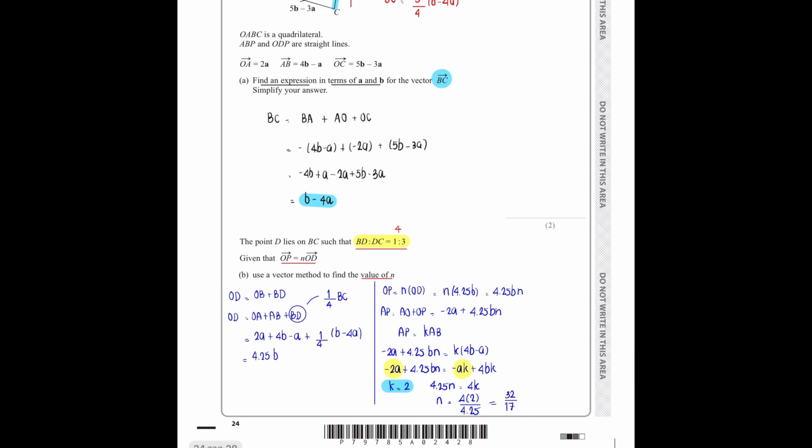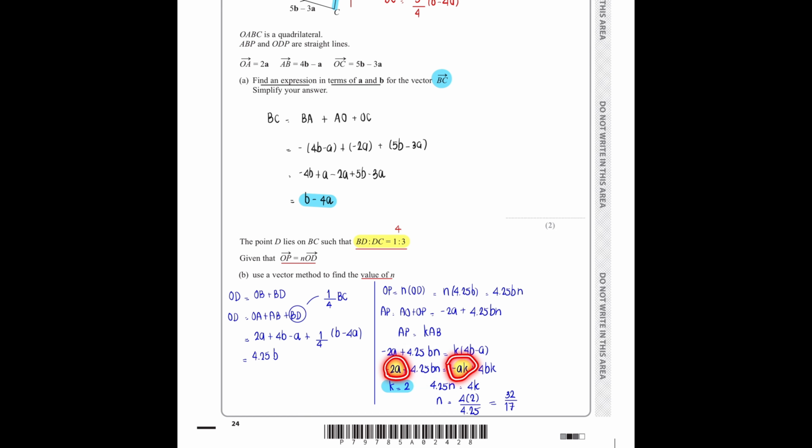AP equal to negative 2a plus 4.25bn equal to k times AB, which is 4b minus a. So I will put k inside, so I will have negative ak plus 4bk equal to negative 2a plus 4.25bn.